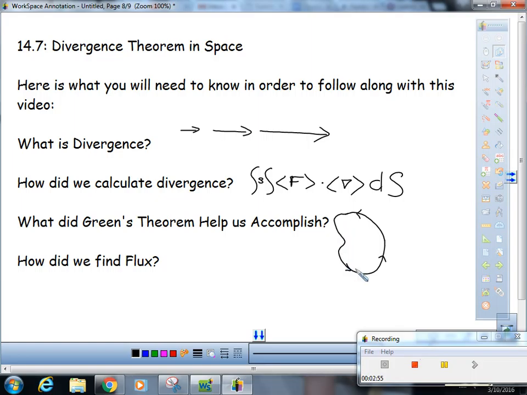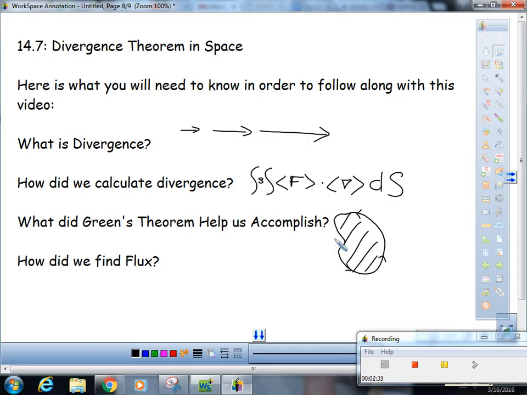Remember that one of the things we would use a line integral for would be to find the total work done over a line through a force field, so it's force dot distance. If we wanted to find the work by adding up all the little force dot distances along those paths, Green's theorem allowed us to do it by simply using an area calculation. So that's the magic of this.